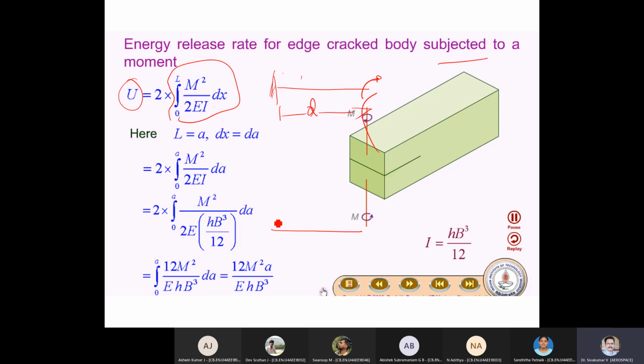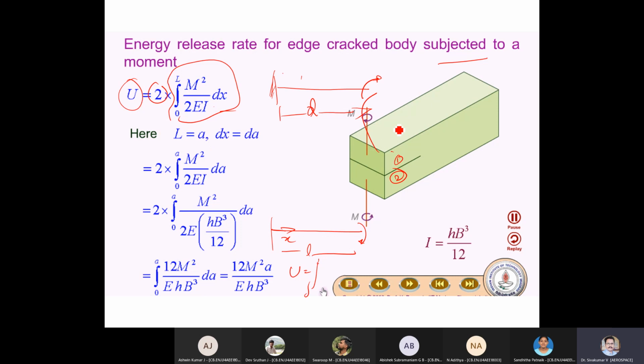Suppose I am giving a moment here. This is L, and this is x. So the strain energy that develops is the integral from 0 to L of M square by 2EI dx. The factor 2 means top and bottom, so this is the total strain energy.